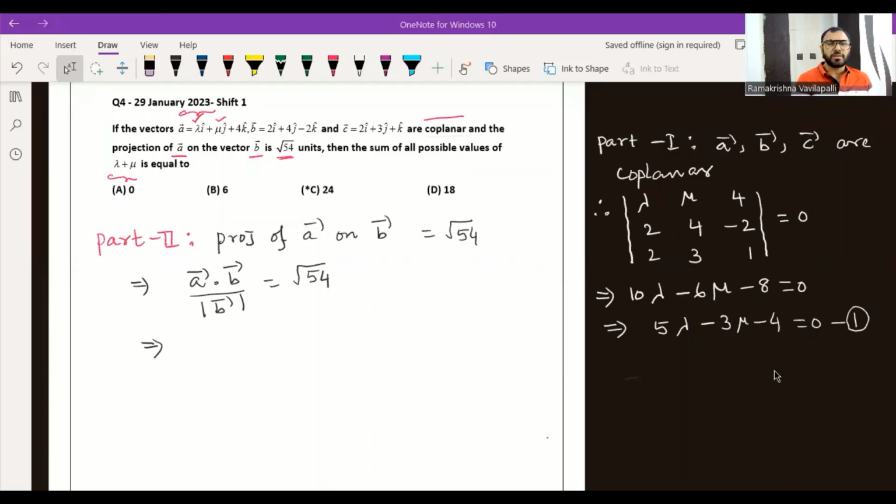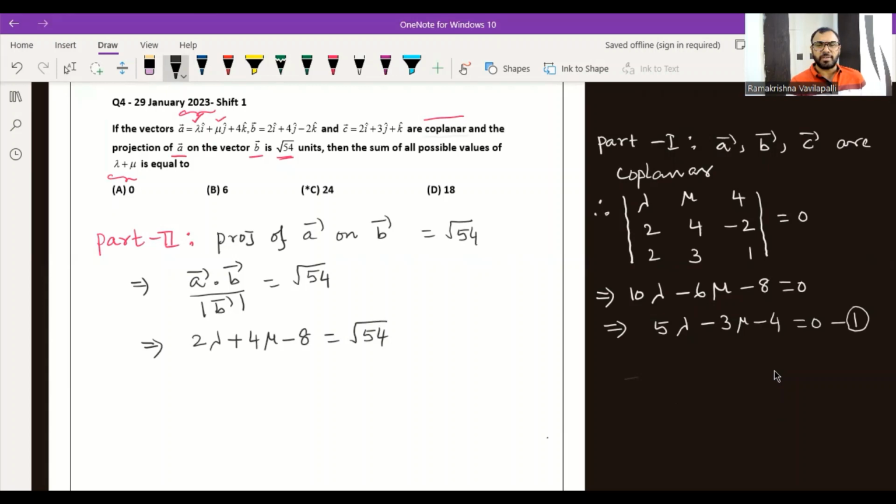A bar dot B bar is nothing but 2 lambda plus 4 mu minus 8, equal to root over 54 into what is mod B bar?